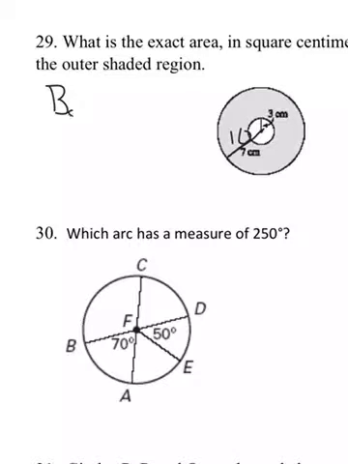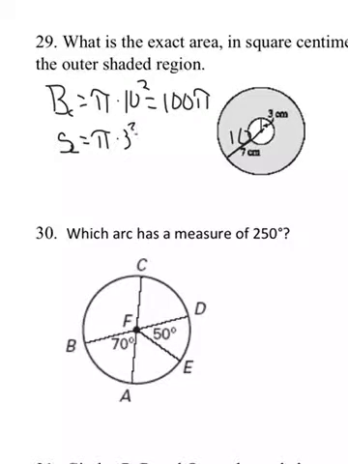So for the big circle, we're doing pi times 10 squared, which obviously just leaves us at 100 pi. And for the small circle on the inside, we're going to do pi times 3 squared, which is 9 pi. So when you subtract that, the shaded region is going to be written as 91 pi.